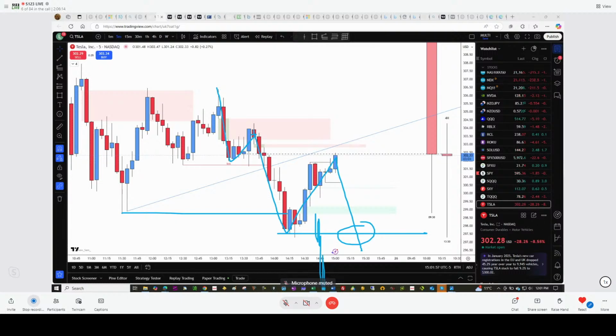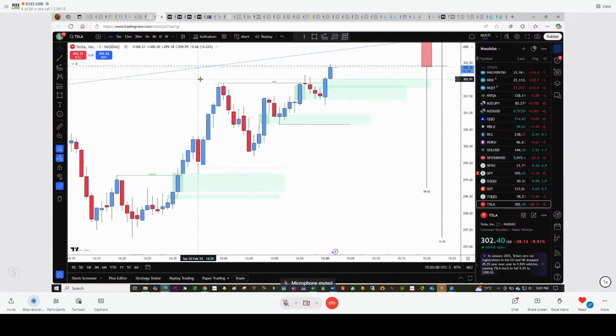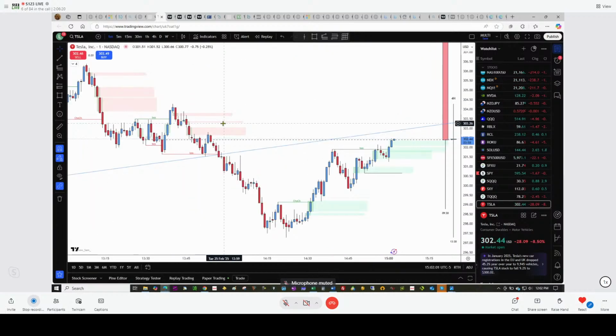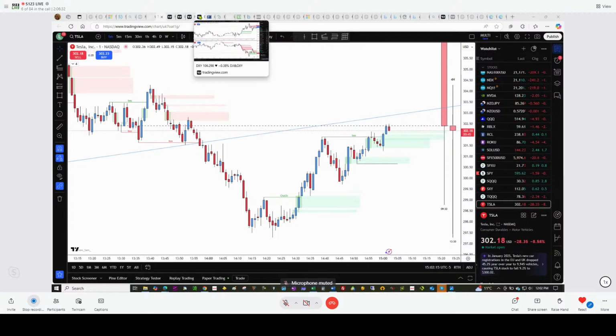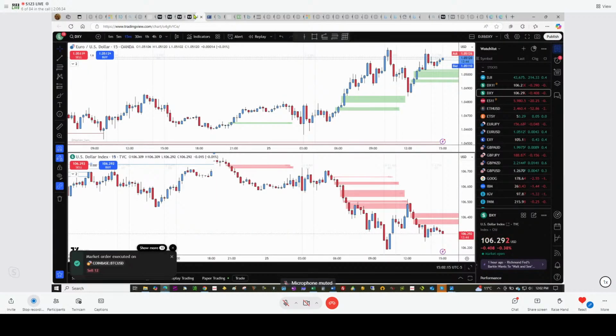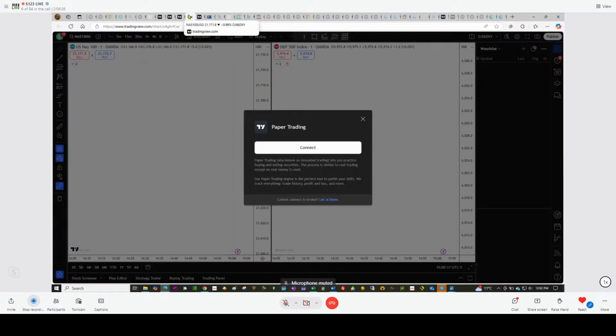Well, on the 1 minute, it looks like we are now in wave 5. The 1 minute just got through the 200 SMA that I was below before. Yeah, so what's happened here? This is quite interesting. I'm going to show you something. This is quite interesting because let me go to here.